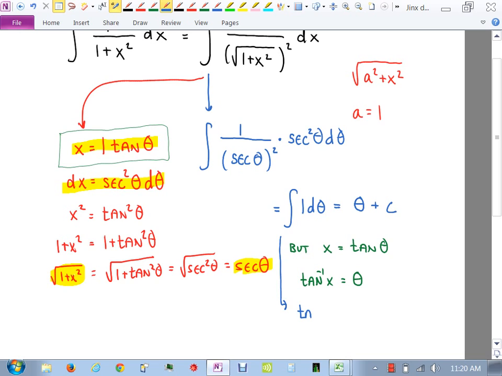So this is tangent inverse x plus c. So I just proved the formula. What is this? All right. And we move on.